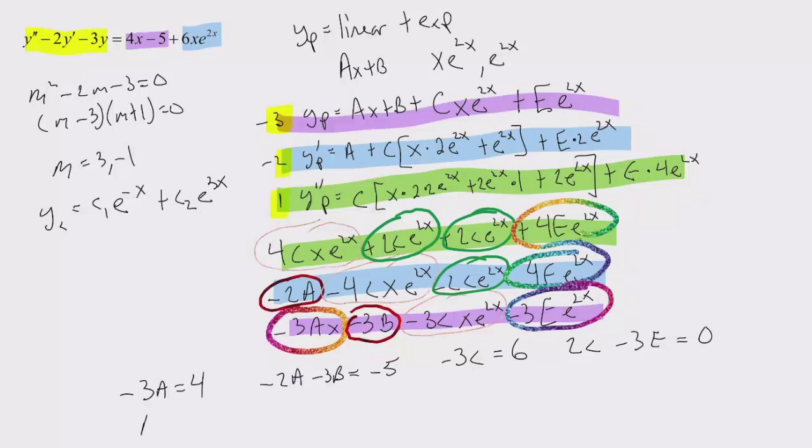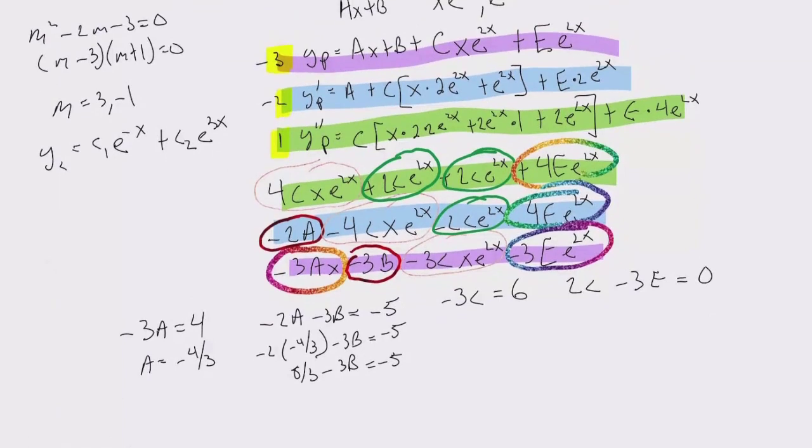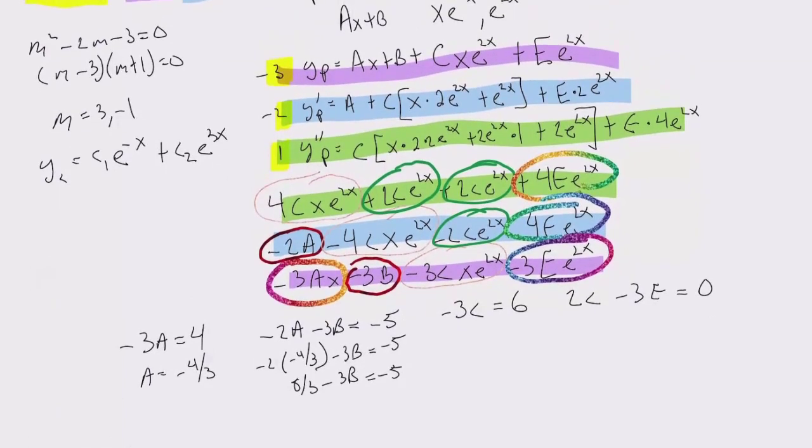Alright, so a is negative 4/3. This is 2 times negative 4/3 minus 3b equals negative 5. So that's negative 8/3 minus 3b. Oh, I've run out of space down here, so I'm going to scroll a little tiny bit. Not get too excited about my scrolling there.